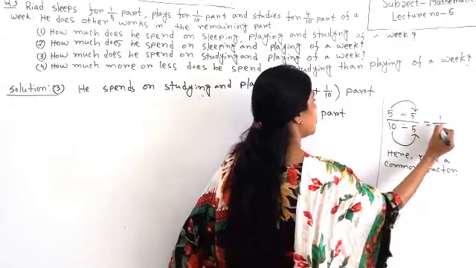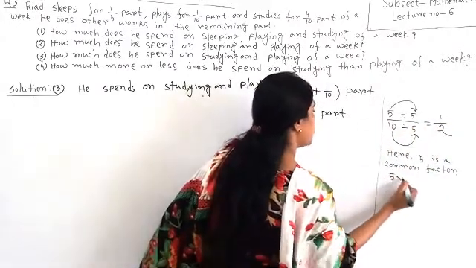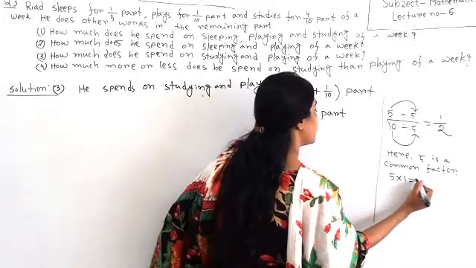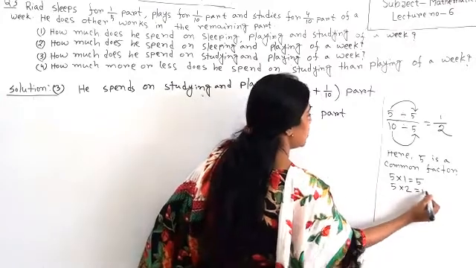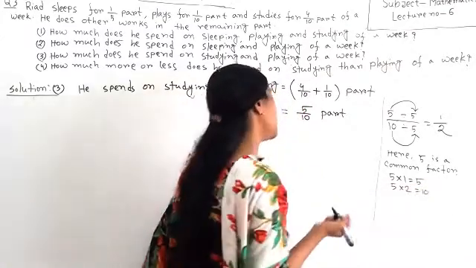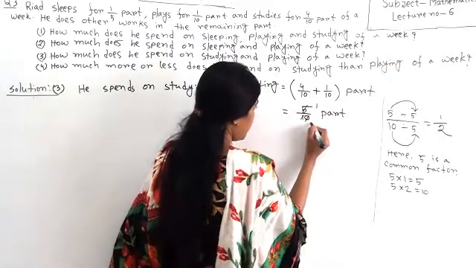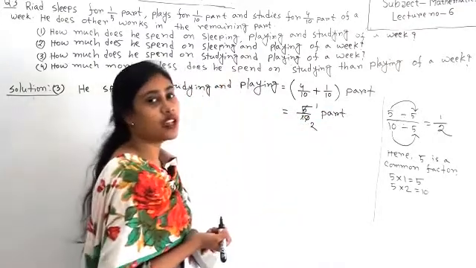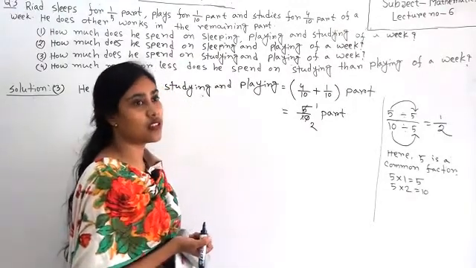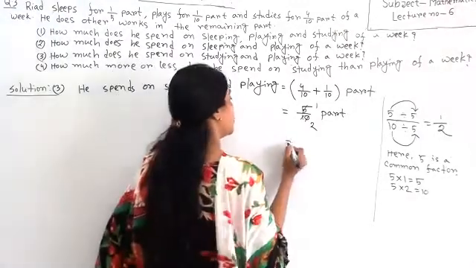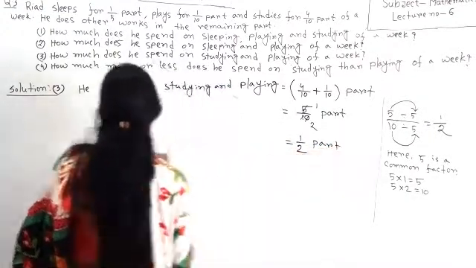5 divided by 5 equals 1, and 10 divided by 5 equals 2. 5 ones are 5, 5 twos are 10. This is the 5's times table. To know the division method very well, every student should memorize the times table. Now the result is 1 by 2 part.